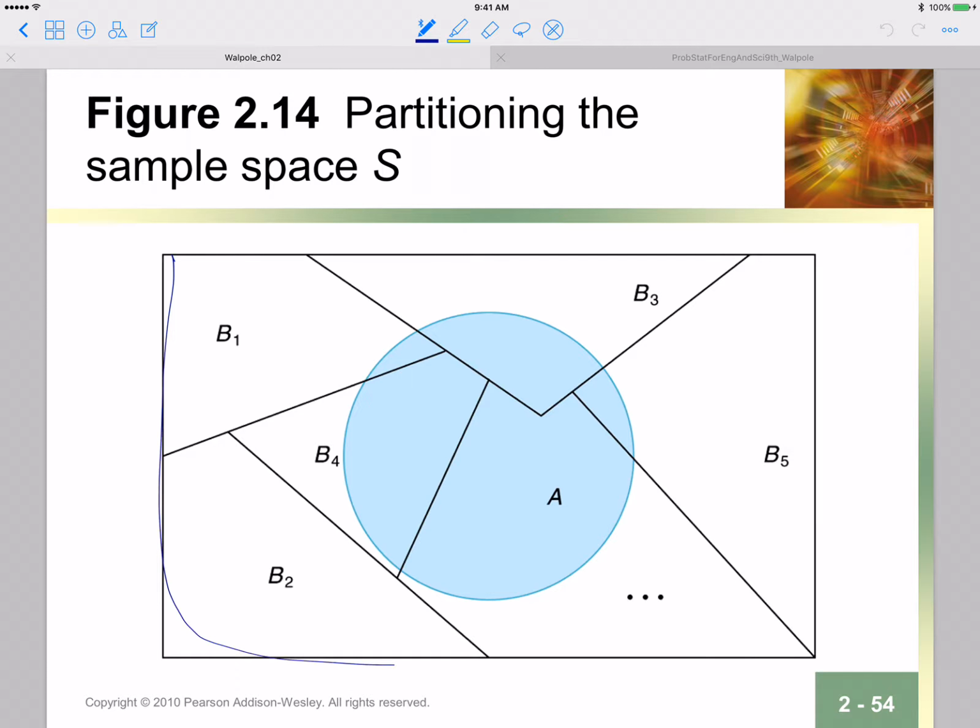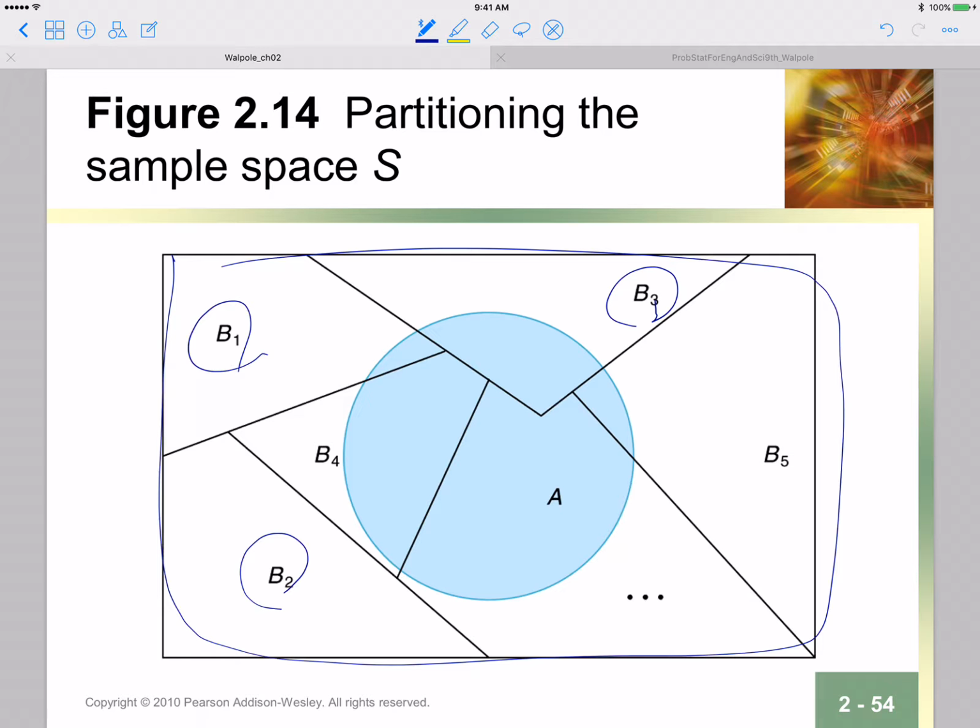This is our universe, and the Bs are partitioning our space. This part is B1, B2, B3, and so on. They are mutually exclusive, which means they have no intersections, or the intersection is always the empty set, and altogether the union covers the entire space S.